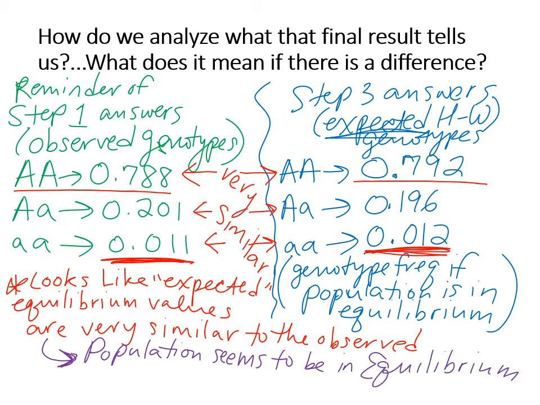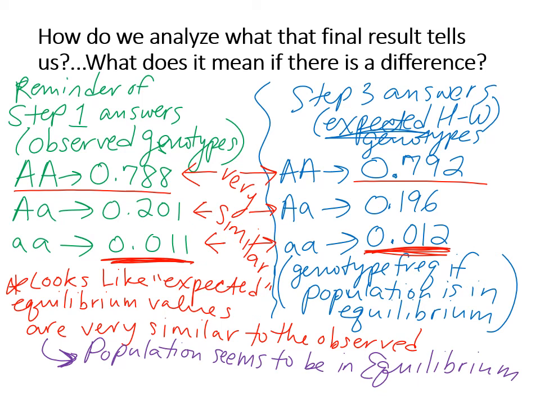Now we did this by eyeballing it, which on a quiz, the final, post labs, I would be fine. That's what I'll have you do, is just eyeball it. If the numbers are close to each other, like 0.788 and 0.792, when you round them off, they're both 0.79. When you round off 0.201 and 0.196, they're both 0.2.